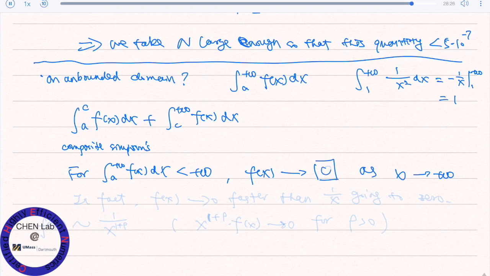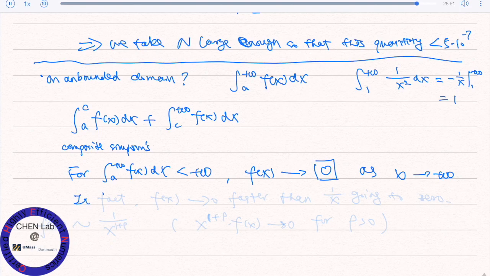As a simple lemma from calculus. Otherwise, this is not integrable. In fact, as we just talked about, we cannot really integrate 1 over x. 1 over x goes to 0 as x goes to infinity, so it's actually something stronger than just going to 0.